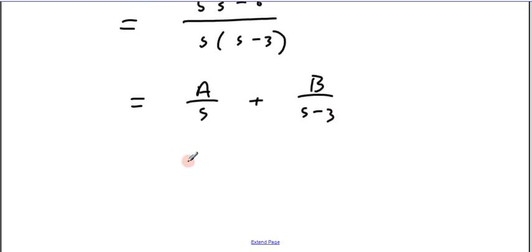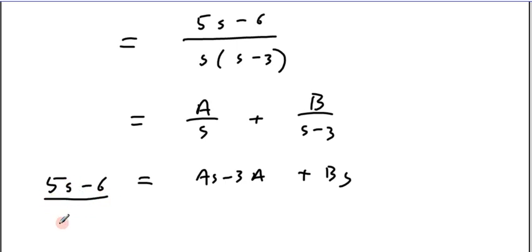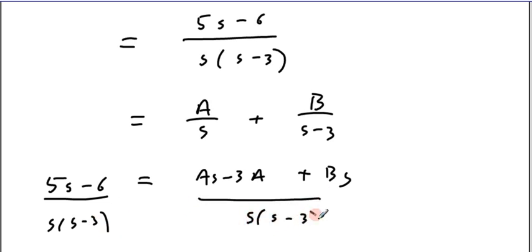And we see that the numerator is going to be as minus 3a plus bs, and that's got to equal 5s minus 6, all over s minus 3.